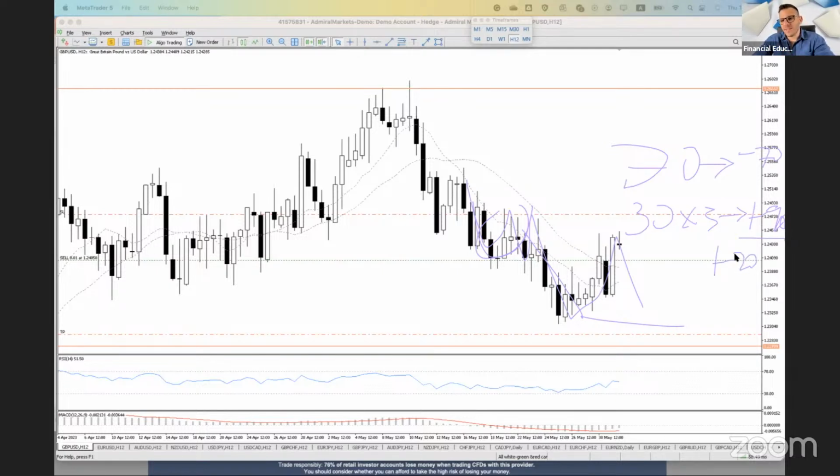If I raise my size and risk, let's say, 2% on any given trade, immediately everything doubles. So the minus 70 becomes minus 140, and the plus 90 becomes plus 180. And the plus 20, of course, becomes plus 40.